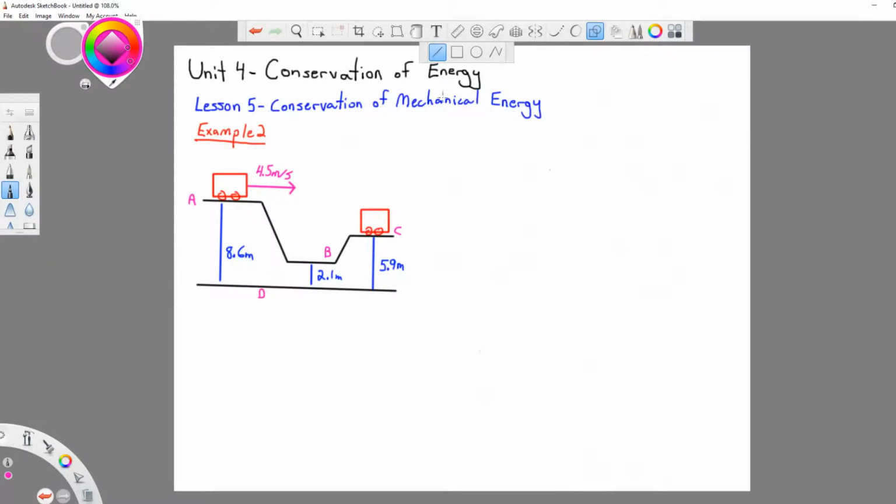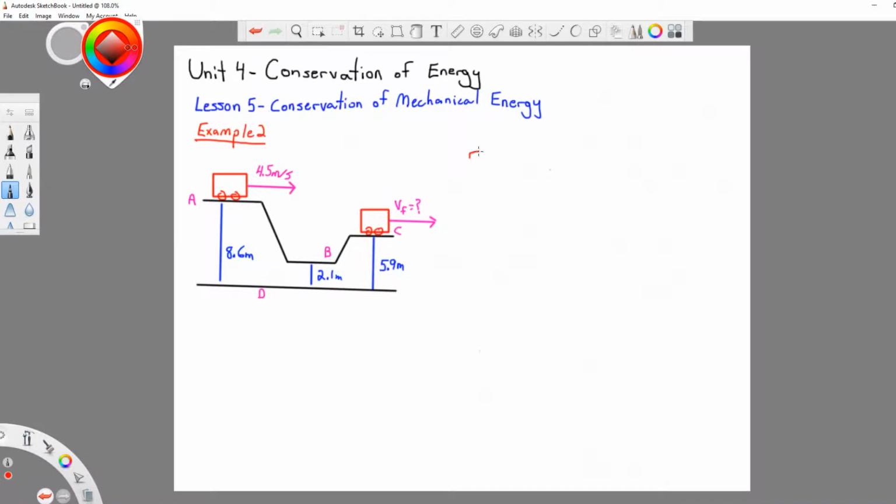Before we get going, I'd always generally like to show you what we're looking for, and I forgot to sketch that on here. So we have velocity, we can say final maybe is what we're looking for. Okay, so let's start off with our mechanical energy formula again.